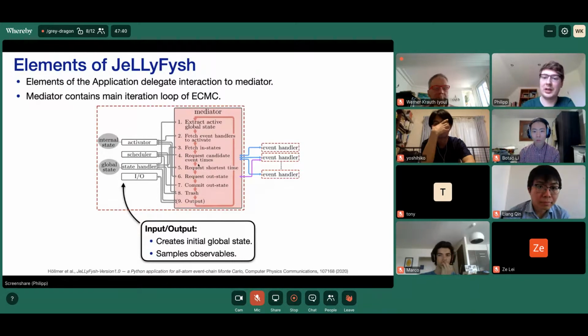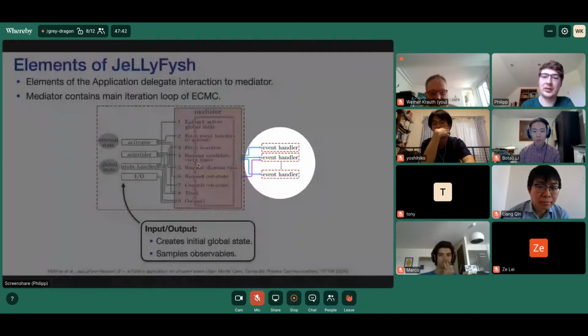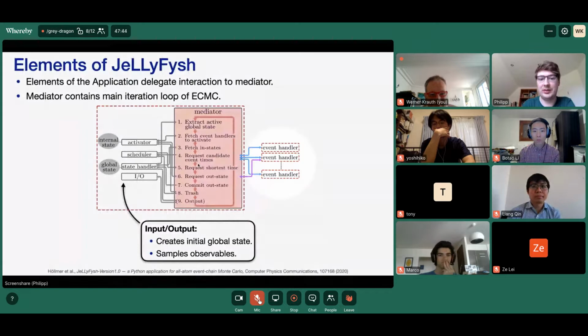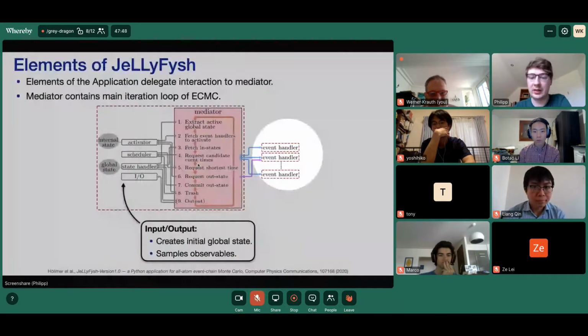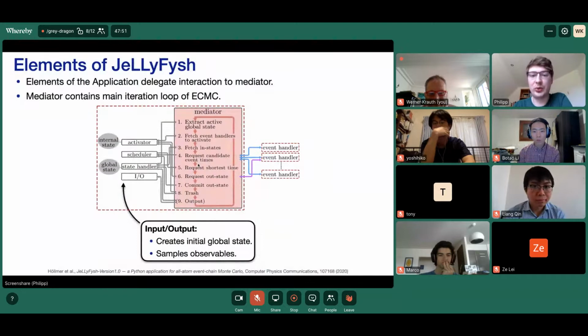And this is why we have these red dashed boxes. So in this design, we have all these things on one processor, and each event handler has its own processor where it computes events.